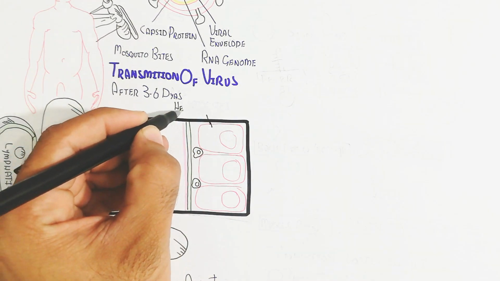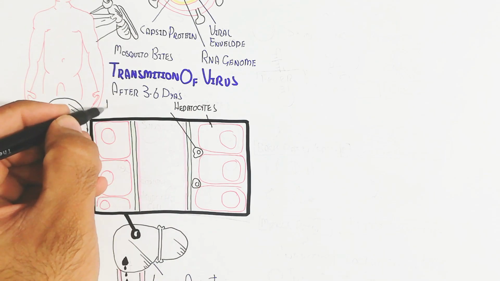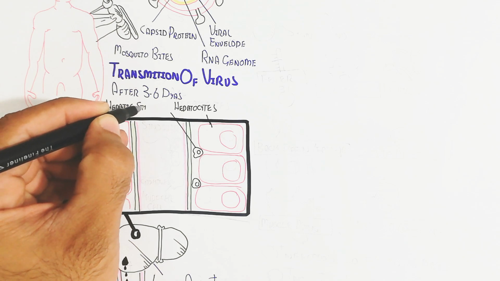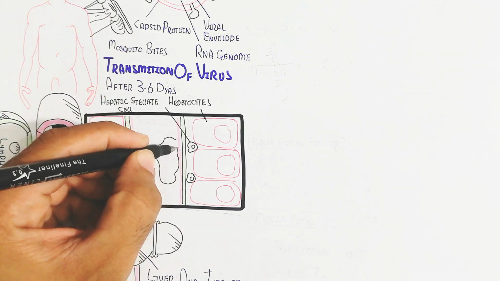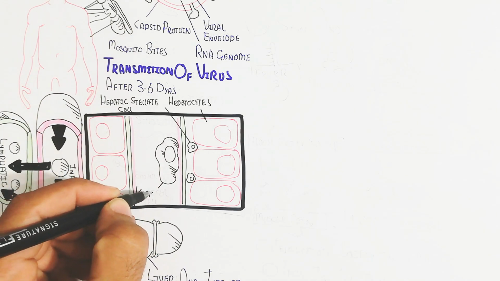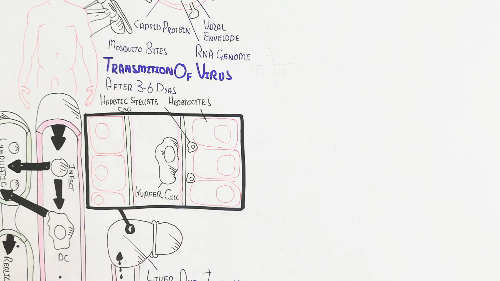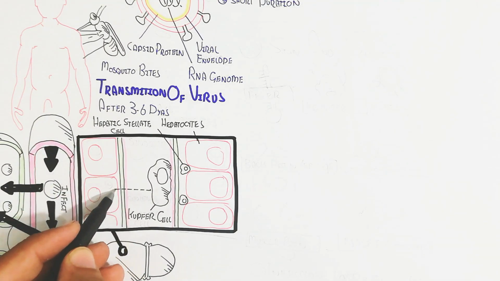The dendritic cell, when it goes into the sinusoid, will also produce cytokines, as well as infect the hepatocyte directly through the virus.